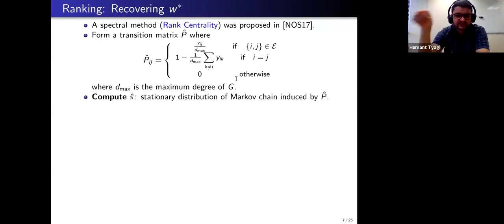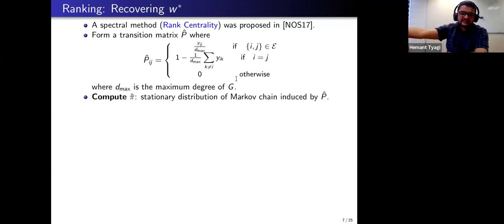So you just put the fraction of times whichever I beats J or J beats I for the ijth entry, and you do this. And then for the diagonal entries, you simply make this P hat a transition matrix, so it needs to be row stochastic. You simply set it to be 1 minus the sum of the entries of the row. And if ij was not compared, you simply put 0.